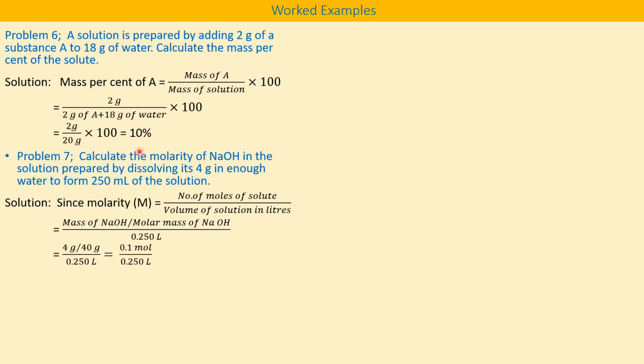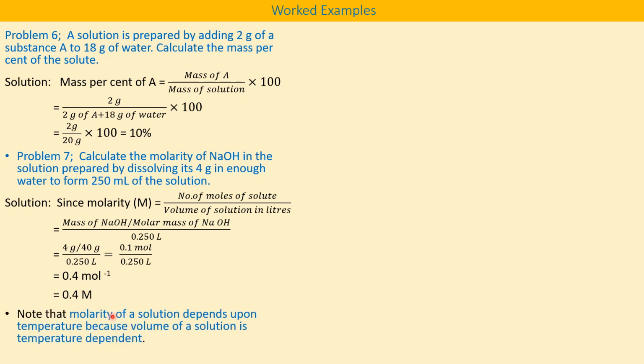Therefore, it is 4 g by 40 g divided by 0.25 liter, that is equal to 0.1 mole divided by 0.250 liters, that is equal to 0.4 mole per liter, that can be written as 0.4 M. Please note that the molarity of a solution depends upon temperature because volume of a solution is temperature dependent.